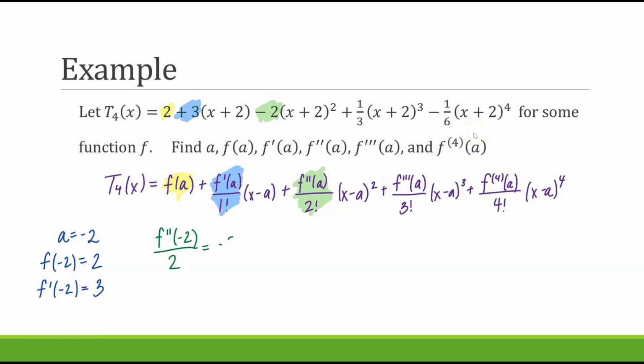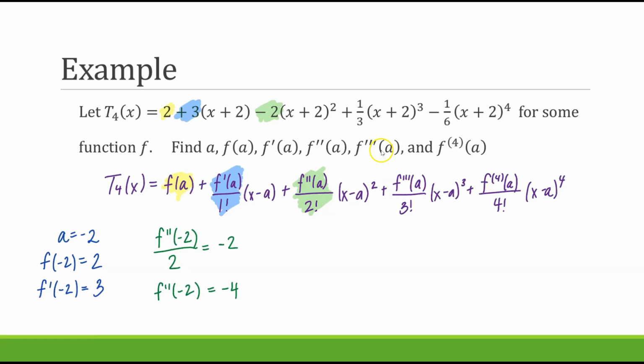So it has to equal negative 2. And then we're simply going to solve this equation, where to solve for f double prime of negative 2, I'm going to multiply both sides by 2. So f double prime of negative 2 is just negative 4. So that is the value of f double prime of negative 2.